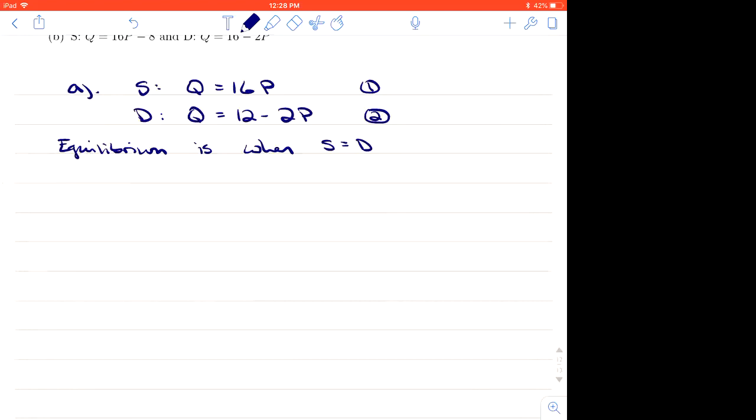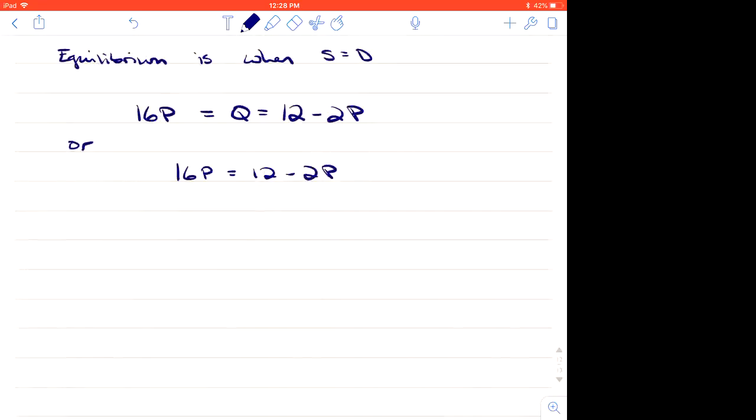Otherwise, we'd have to solve for one of the variables, substitute it back in, right? But we can just say that 16p equals Q, but Q also equals 12 minus 2p. And like I said, I like to have the middleman of Q in there just to emphasize that this equals this equals this, right? Or we can just skip to 16p equals 12 minus 2p if you want.